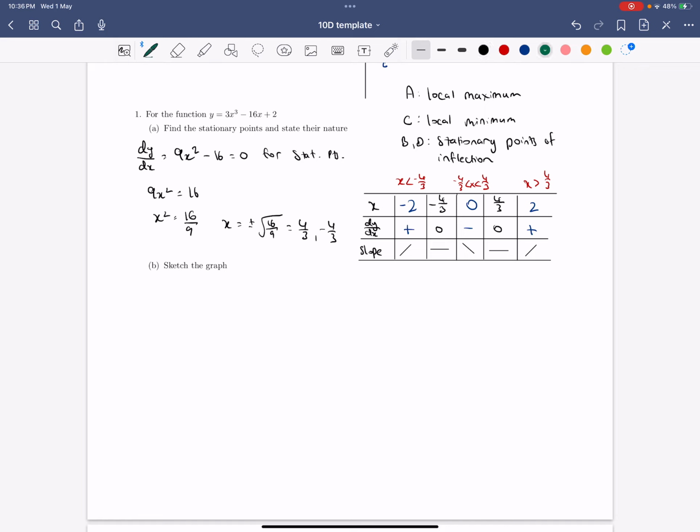So what can we conclude? At x equals -4/3, we're talking about this behavior here, which corresponds to a local maximum.